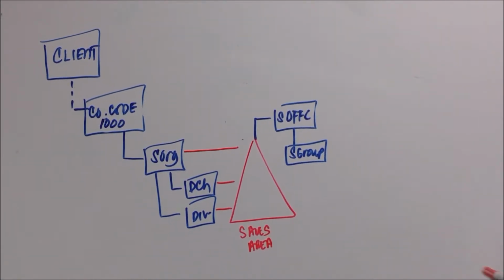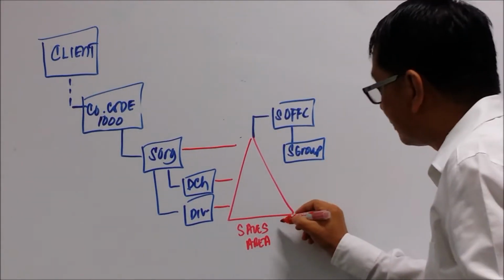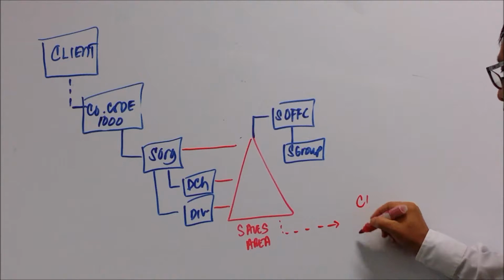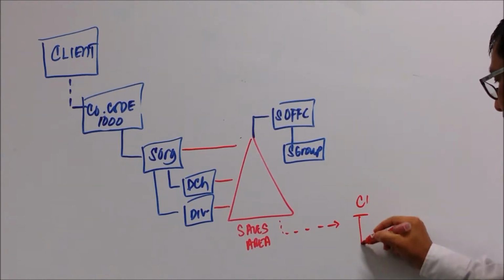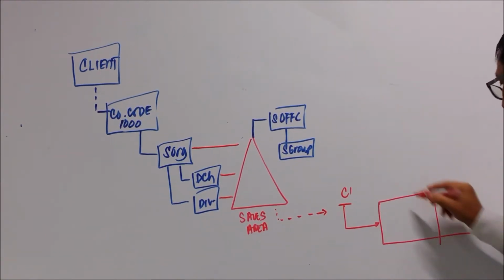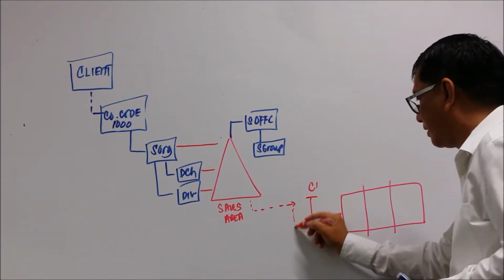Now, after that, we went into master data. This here, we use when we create a customer master. This one specifically goes here.